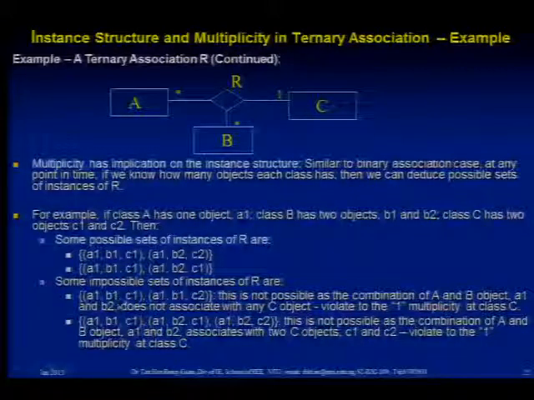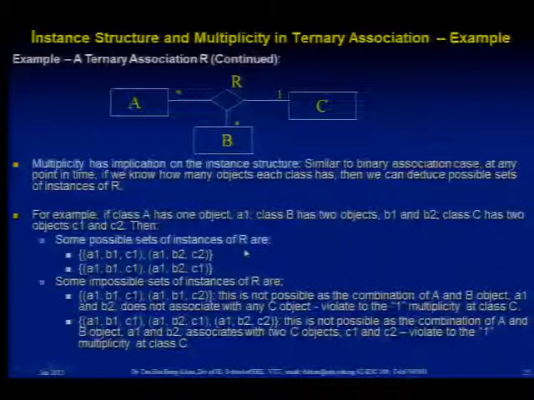Okay. The third one listed here is not a possible set of R instances. Why? Because in the scenario given here, A has 1 object A1, B has 2 objects B1, B2. So how many AB combinations are there altogether? A1, B1, A1, B2. There are 2 combinations of AB objects. The first combination is in the first instance, A1, B1, C1. Here, the first combination appears in the second instance again. What does this mean?